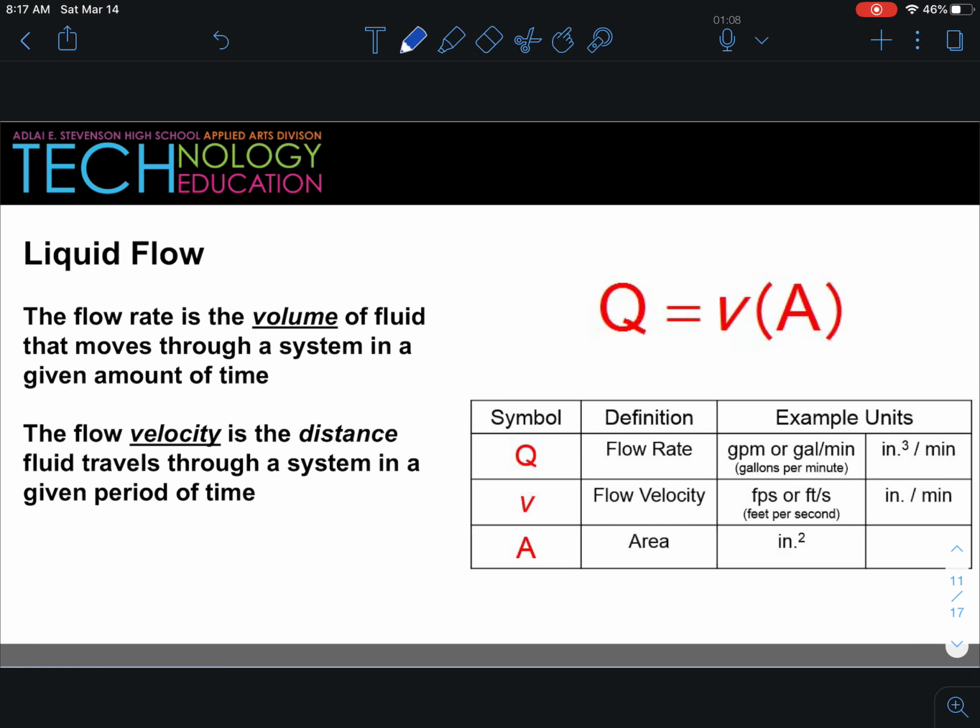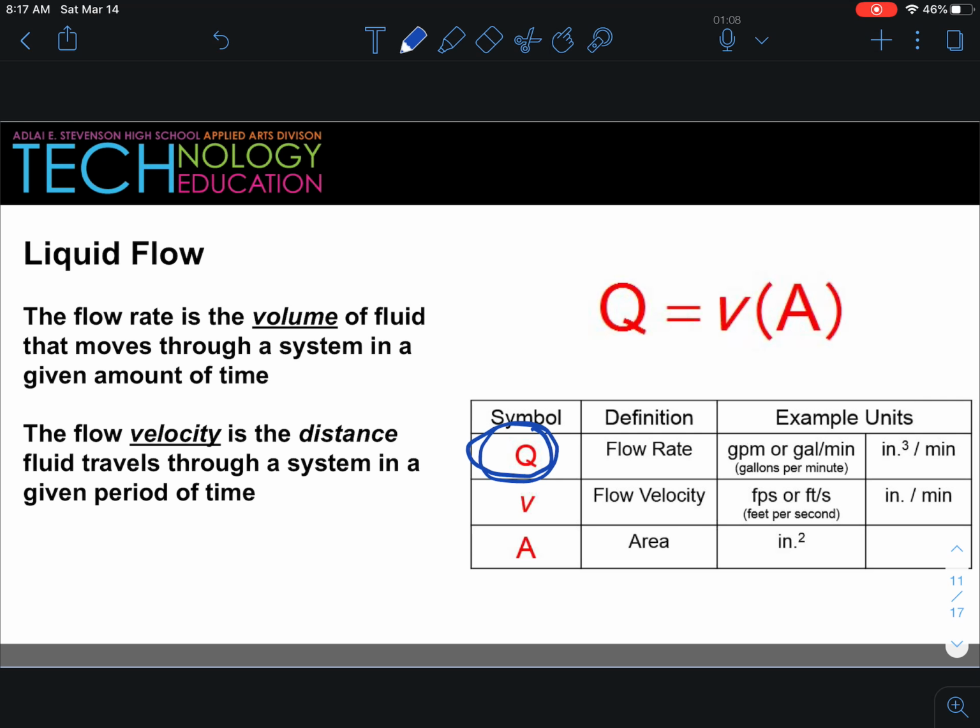So we have some different variables in here. We have Q for our flow rate, which is a very similar variable to the rate of heat transfer that we had in thermodynamics. Remember, we use Q. And then V is for velocity, A is area.